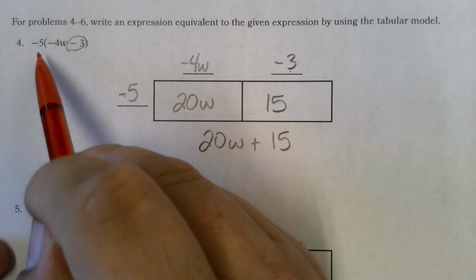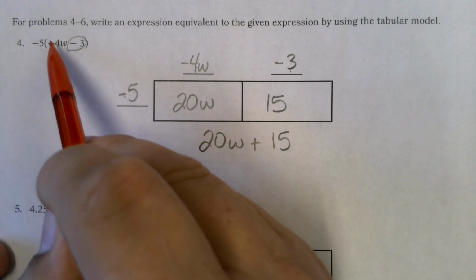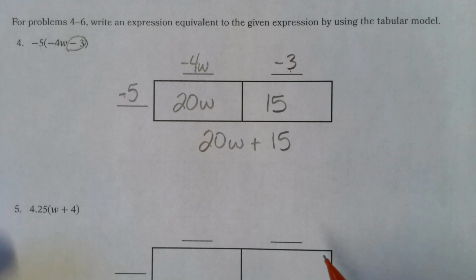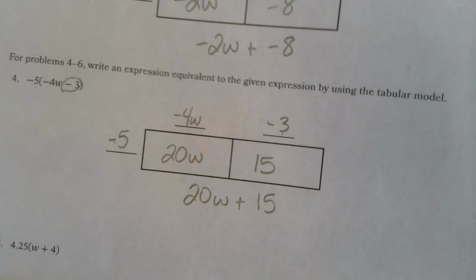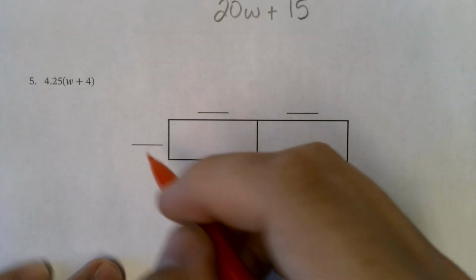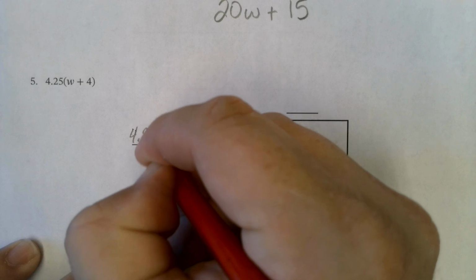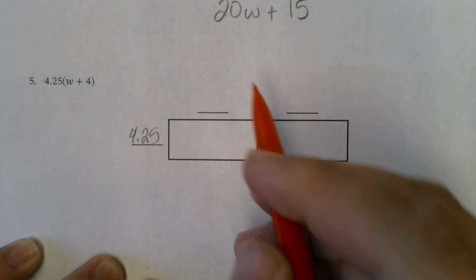The distributive property says that I'm going to multiply the outside times each term inside. Question number 5. I have 4.25 out front, so it's going to go in front of the table.